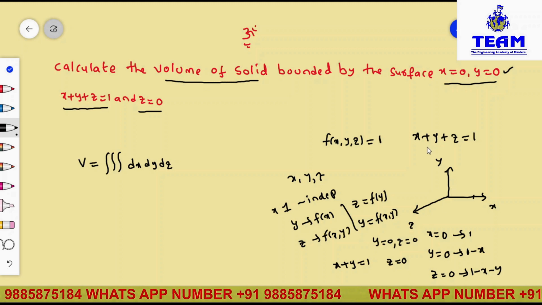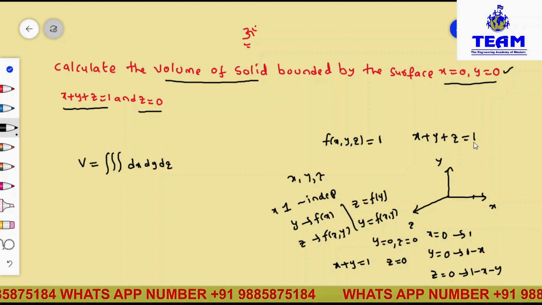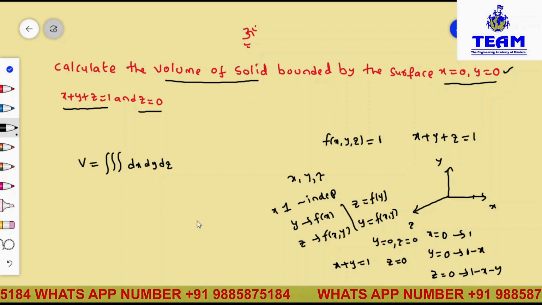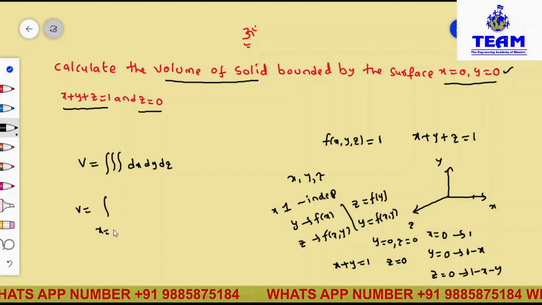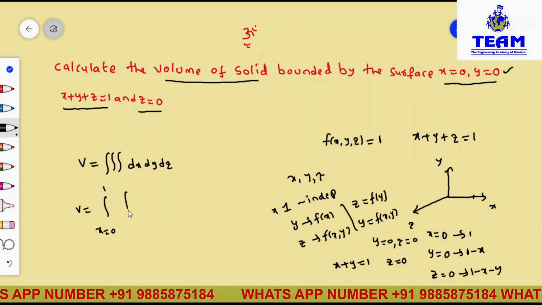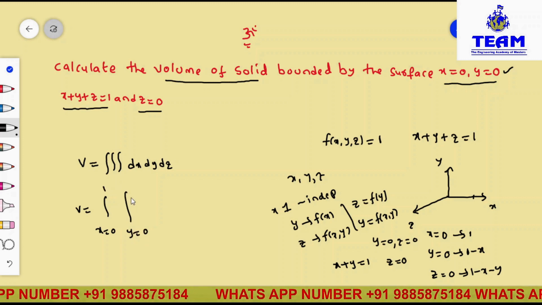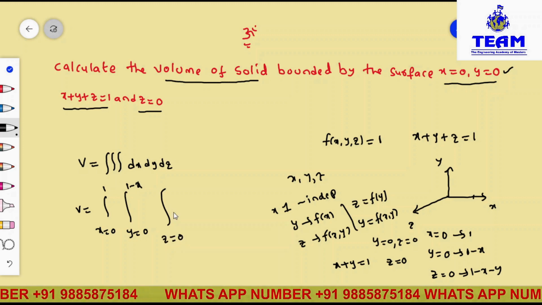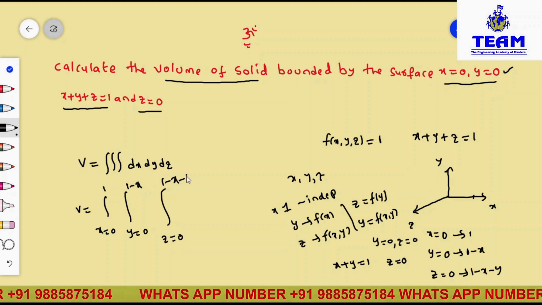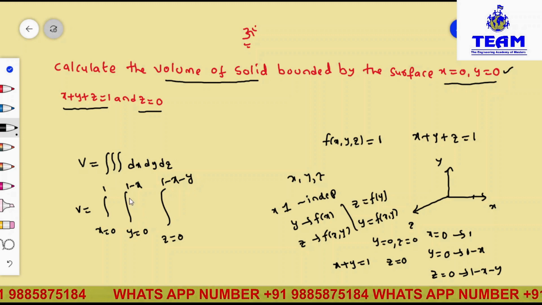So, from x plus y plus z, I took x from 0 to 1. The volume V is the integral with x from 0 to 1, y from 0 to 1 minus x, and z from 0 to 1 minus x minus y. What is the integrand here?